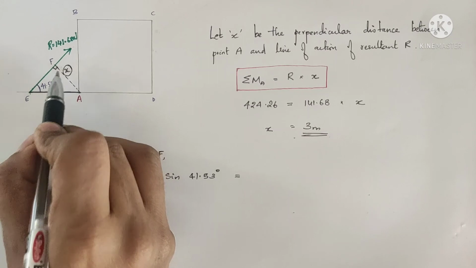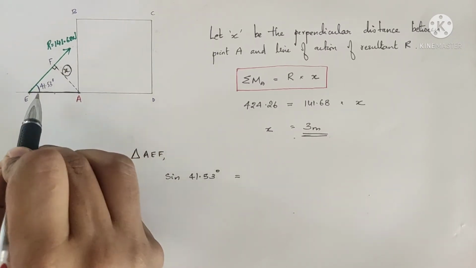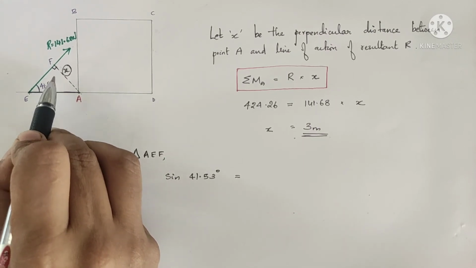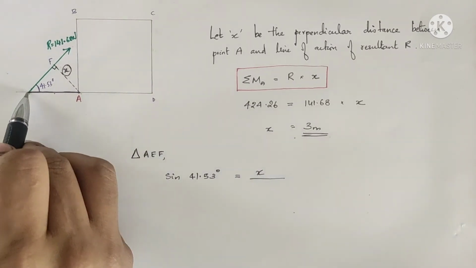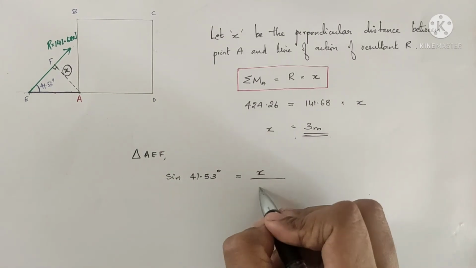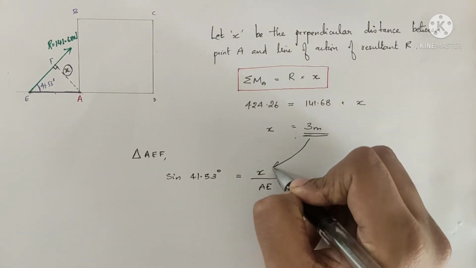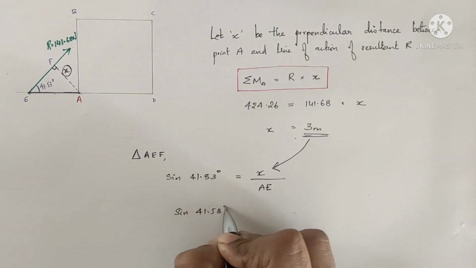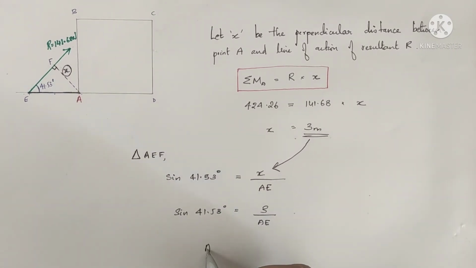Opposite side by hypotenuse. Opposite side is x, by hypotenuse is AE. We calculate the value for x is 3 meter. Sine 41.53 degree is equal to 3 by AE. We can calculate the distance AE.